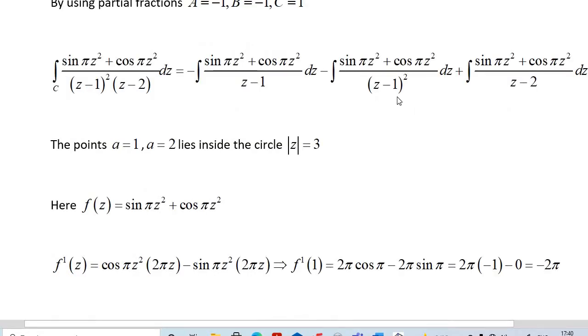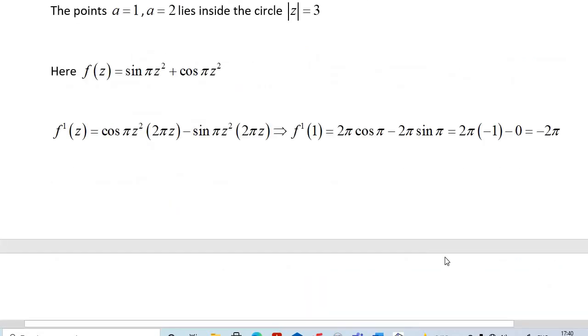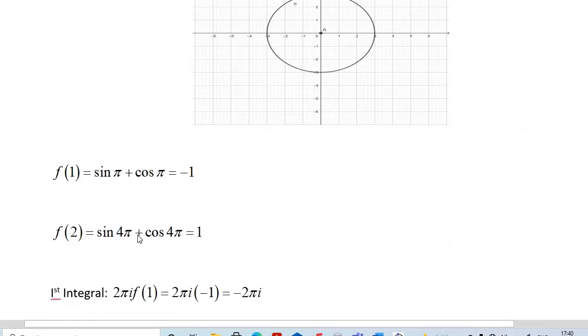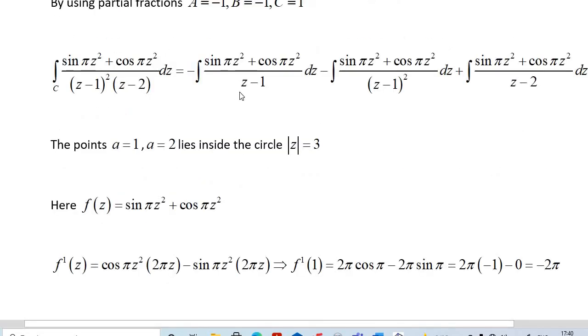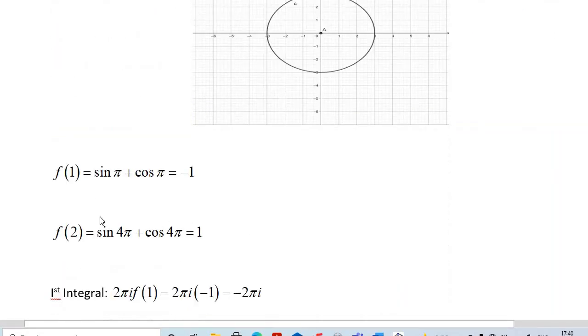Now we need f'(1) because for this integration a is 1. Substitute z = 1, and we get f'(1) as −2π. Again for this integration we need f(1), and for this integration we need f(2). Find out those two also. f(1) is −1, f(2) is 1.